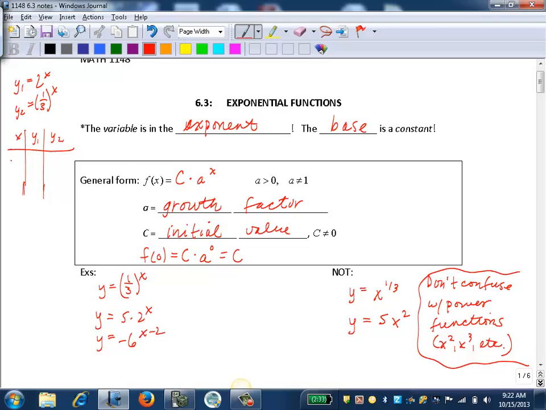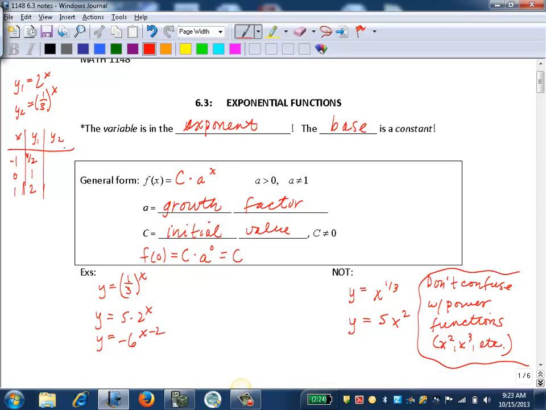Just a few example values here. I had -1, 0, and 1. For y1, the 2 to the x, we had a half. And then for 0, we had a 1. So we're multiplying by 2 each time. And then 1 times 2 is 2.